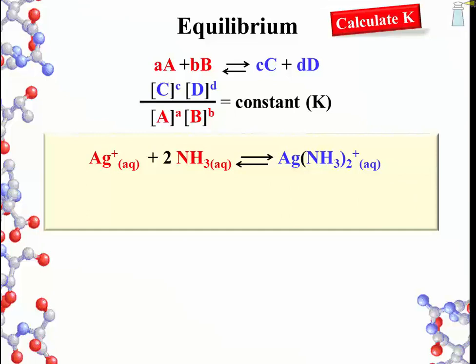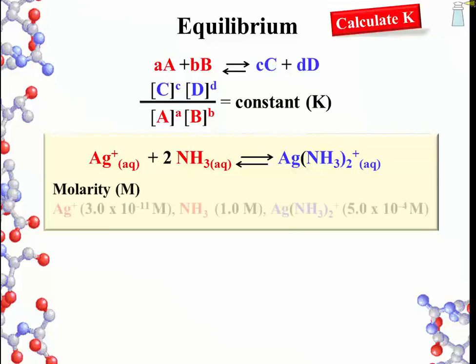All species in the reaction are aqueous. And to determine a K for this reaction, the concentration of each must be given, and they should be given in molarity. Here are the molar concentrations for the reactants and products of one reaction. These represent measured values, which is why they must be given or determined.